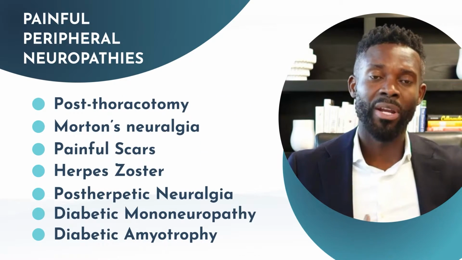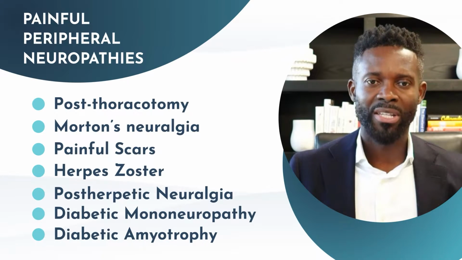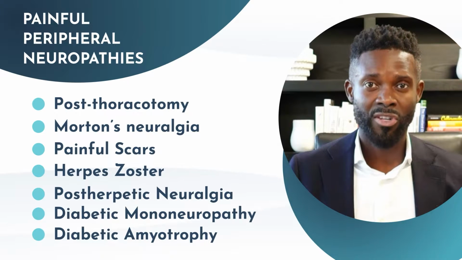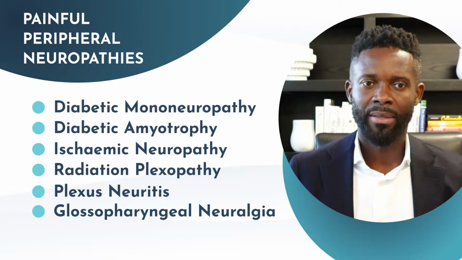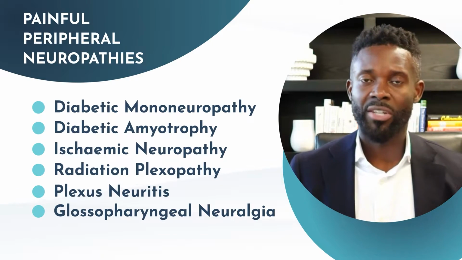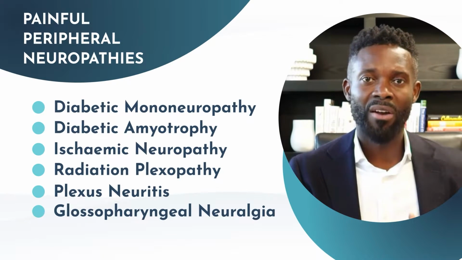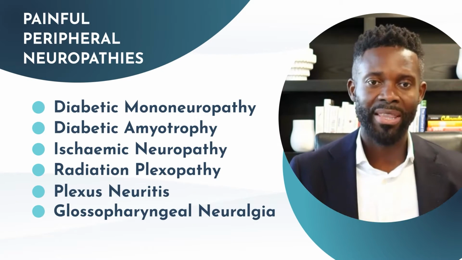When people have had surgery to fix their heart, that can actually lead to neuropathic pain. Others include Morton neuralgia, painful scars, herpes zoster, or shingles as most people know it, diabetic mononeuropathy, and diabetic amyotrophy, which tends to affect the muscles in the legs as well as causing pain. Then there's ischemic neuropathy: when blood is not getting to a certain part of the body, that can influence the nerves or cause the nerve to die, and that can present this way.